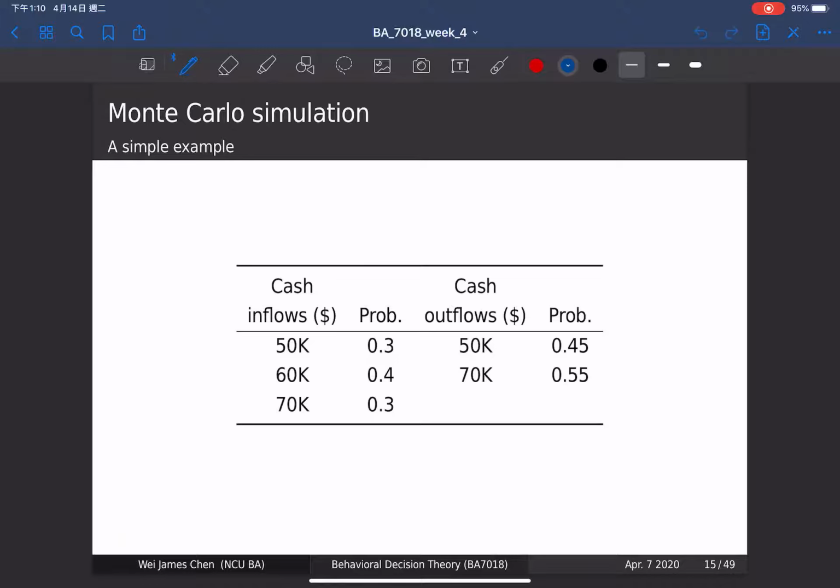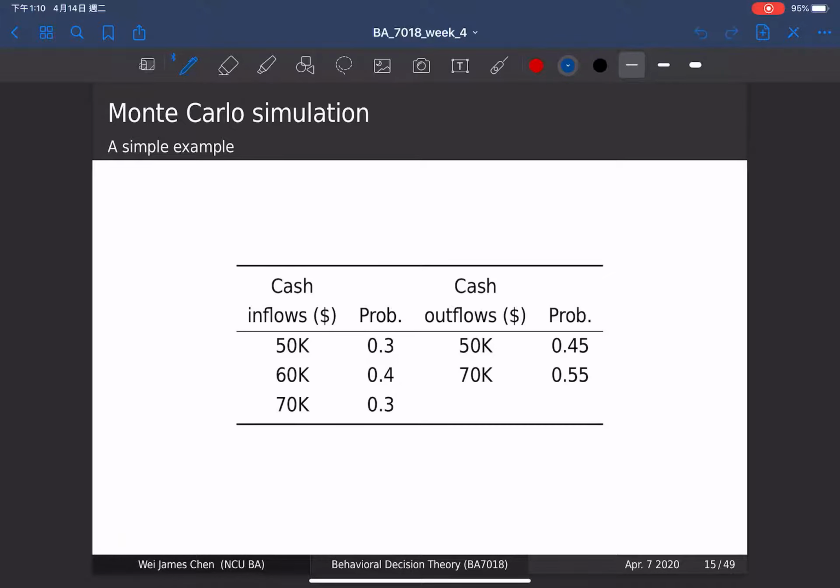You can theoretically calculate it, but what you can also do is actually roll the dice many times, get the numbers and aggregate the data, right? That's actually one way of simulation, okay?